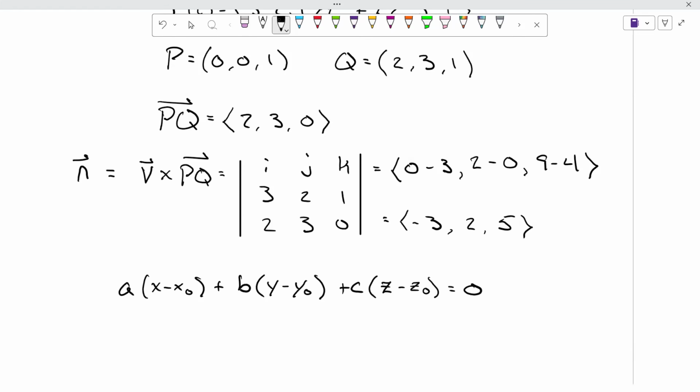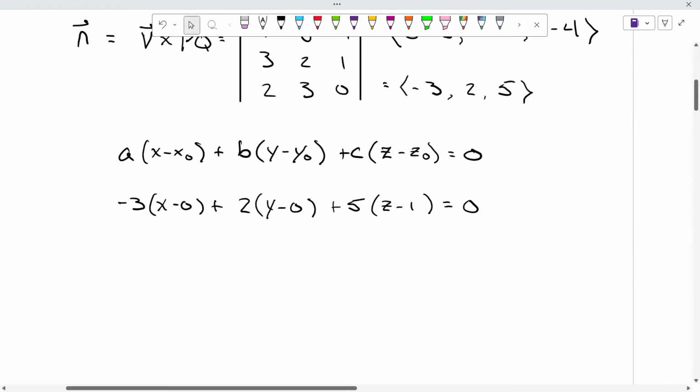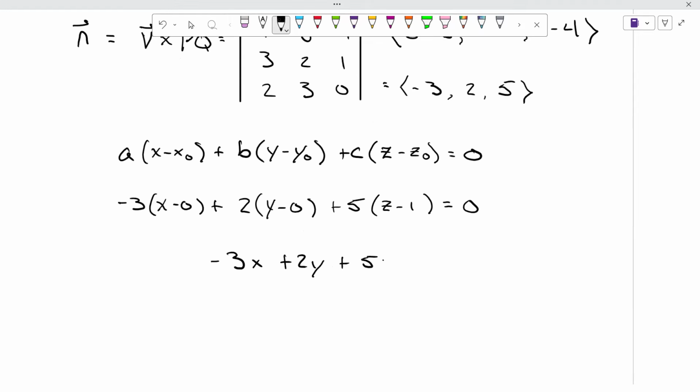(0, 0, 1). So this is -3 times (x minus 0) plus 2 times (y minus 0) plus 5 times (z minus 1) equals 0. And then I suppose I could simplify that, right? -3x plus 2y plus 5z minus 5 equals 0.